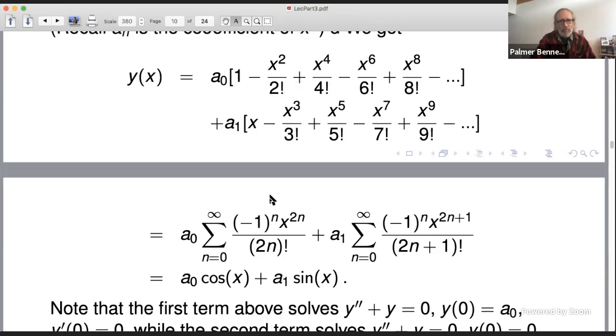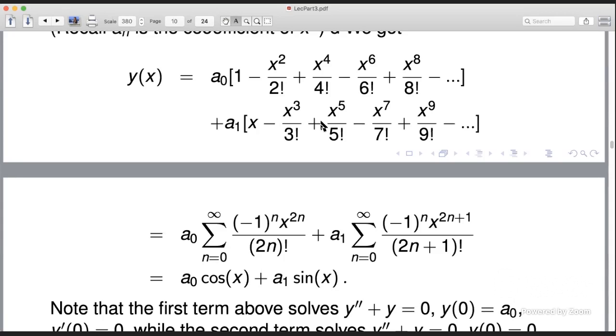Since it's even powers, we replace the exponent with 2n. So this is x to the 2n over 2n factorial, the first series here. And the sign of the coefficients alternates plus, minus, and you can do this by putting negative 1 to the n there. Okay. The second series has just odd coefficients, and the way to write the odd numbers is 2n plus 1.